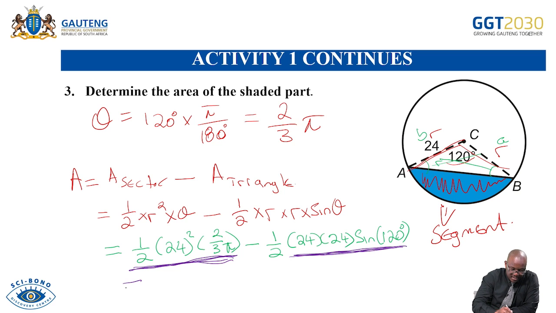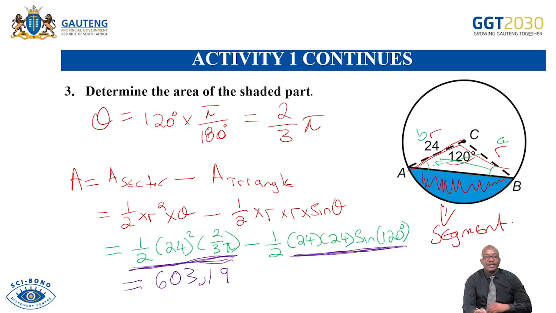So the area there is going to be 603,19. That is the area of a sector. Now you subtract the area of a triangle, which is 1 over 2 multiplied by 24 multiplied by 24, because those are your radii, and then the sine of 120 degrees, which is your included angle.